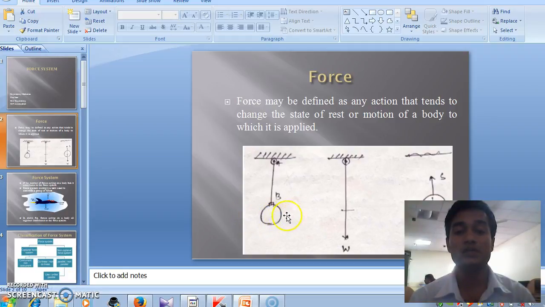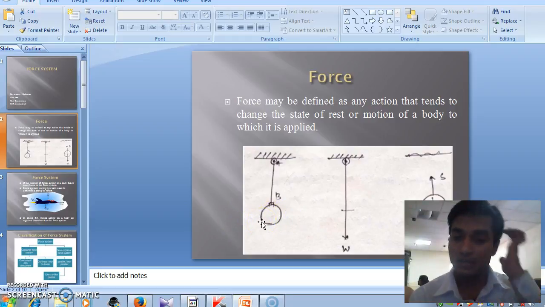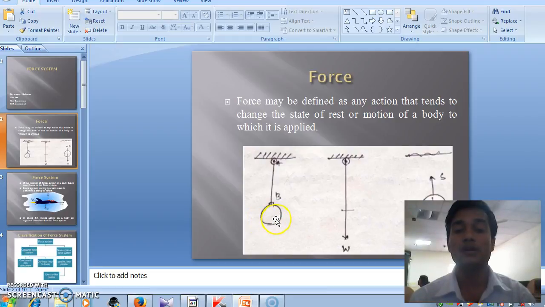It will continue to move for some time, and while it is in motion, if another force strikes this body, then it will try to retard its motion and slow it down. So these are the effects caused by the application of force to a body at rest or a body in motion.